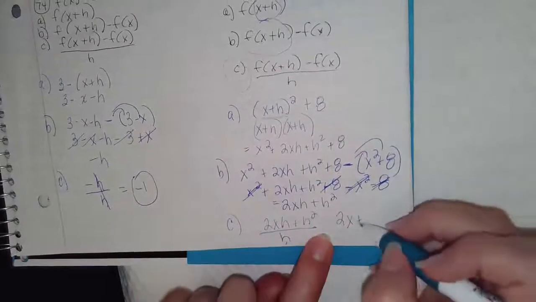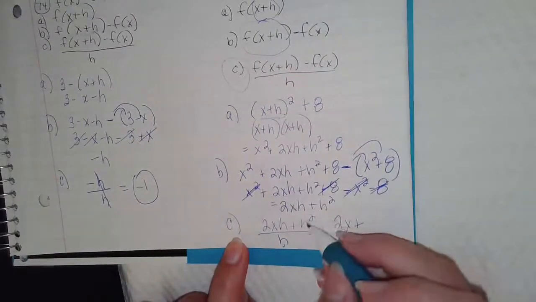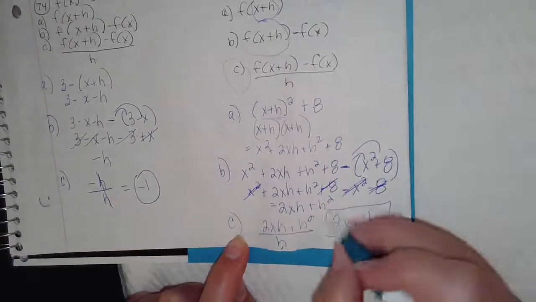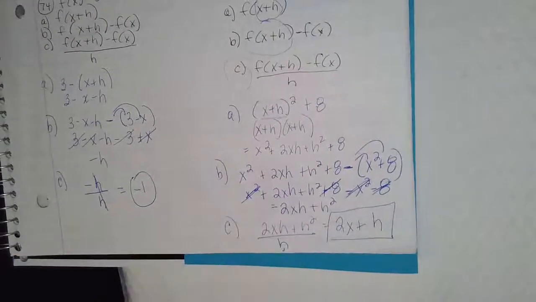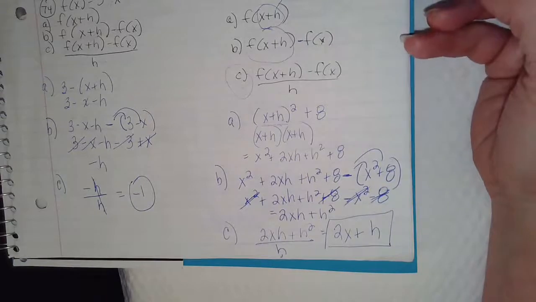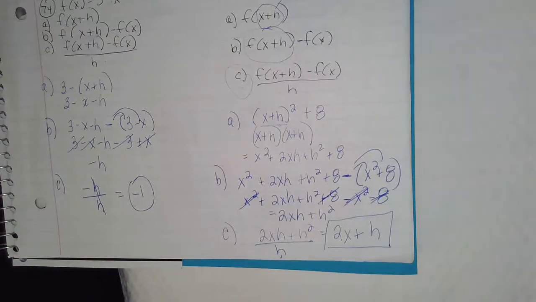And then h squared over h leaves us h. That is your final answer for the C part. That would be the slope of the line as a function of the x value, depending on where you're at on the parabola. It changes as you move across the x values.